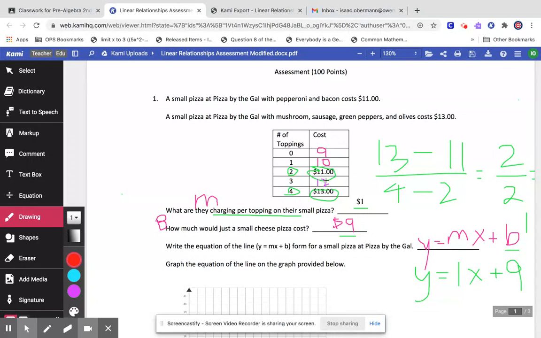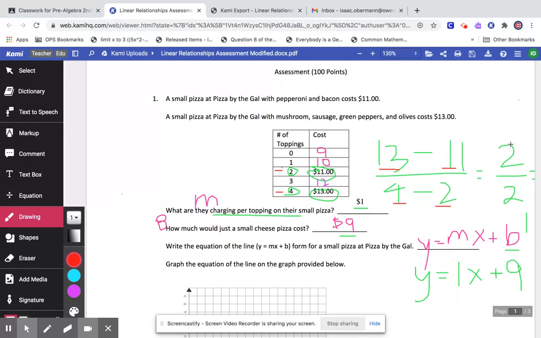The parts that are in green, I'm finding the difference between the 13 and the 11. I found that the difference here was $2. 13 minus 11 gives me $2. Then I'm going to take the toppings, 4 and 2. The difference of the toppings, 4 and 2, is also 2.